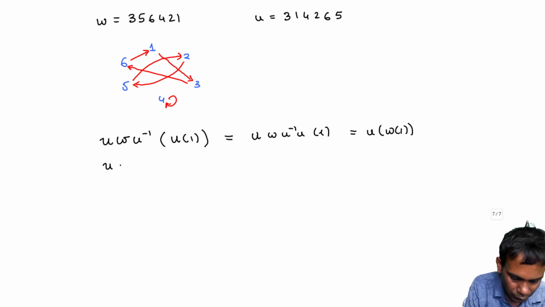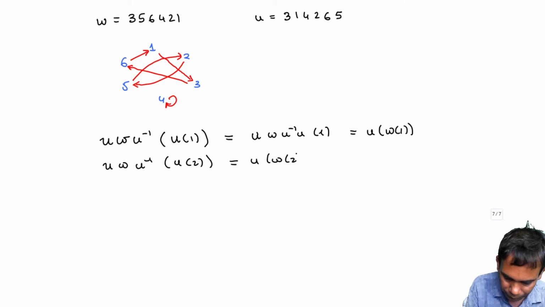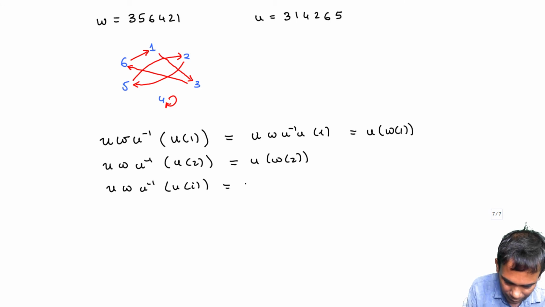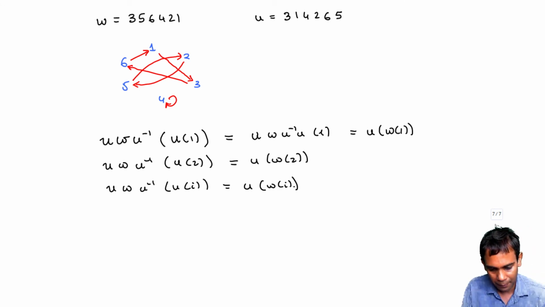Similarly U W U inverse of U of 2 is U of W of 2. U W U inverse in general of U of i will be U of W of i.